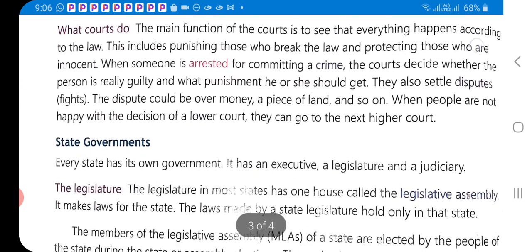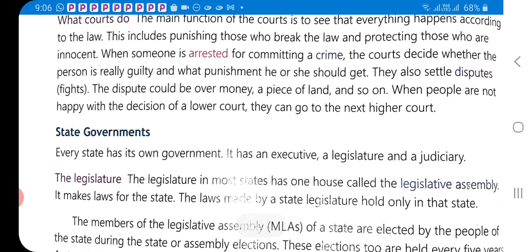What do courts do? What are the functions of the courts? The main function of the court is to see that everything happens according to the law. This includes punishing those who break the law and protecting those who are innocent. Means those who break the law should be punished, and those who are innocent should be protected.